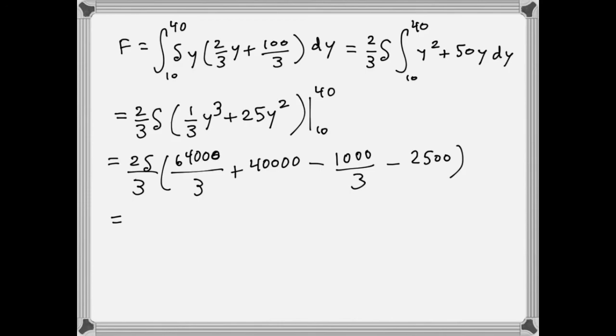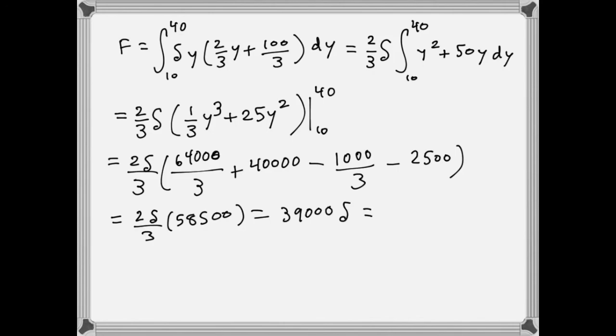Okay, so what do we get if we put all of this in our calculator? So I'm going to use that now. I have 64,000 over 3 plus 40,000 minus 1,000 over 3 minus 2,500. You end up with 2 delta over 3 times 58,500. So what does that become? I get 39,000 delta.